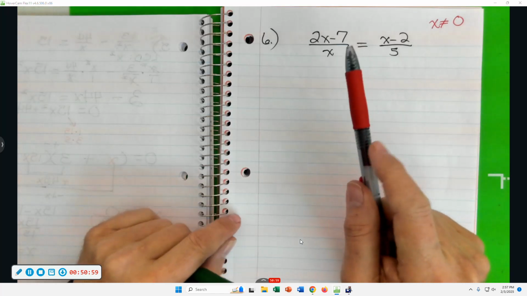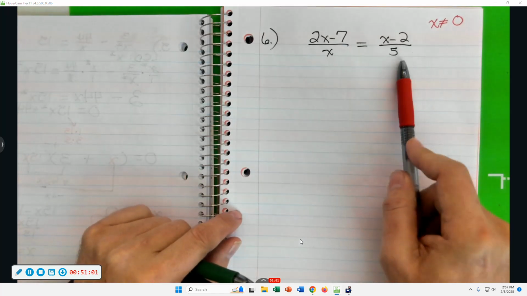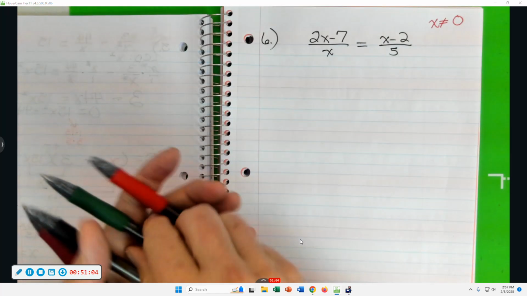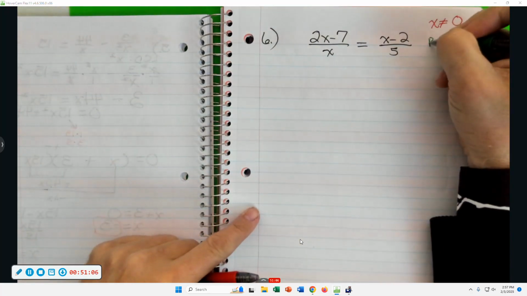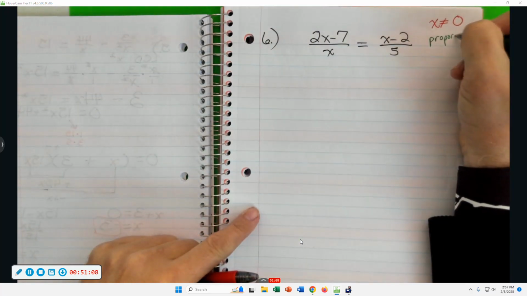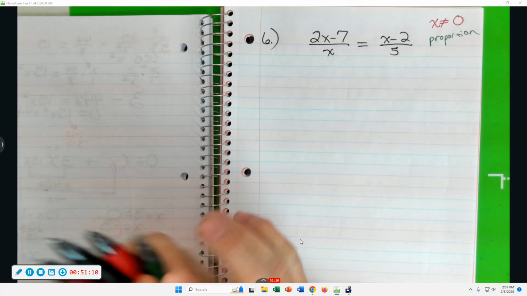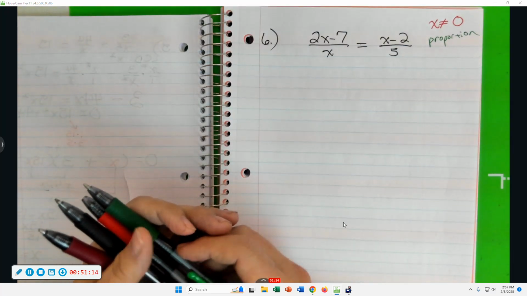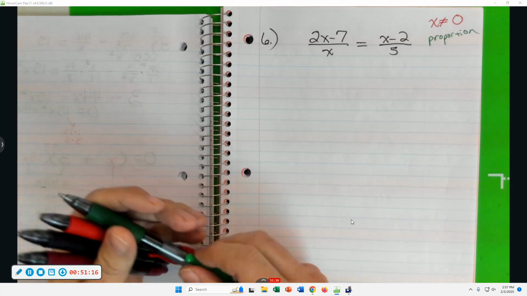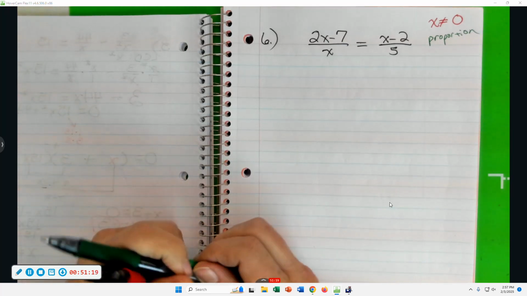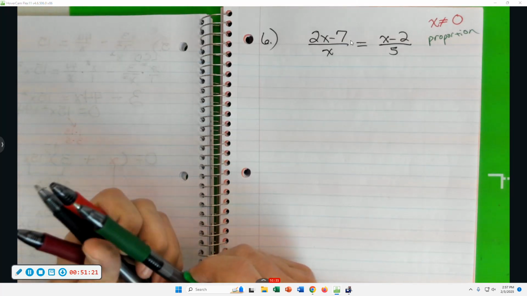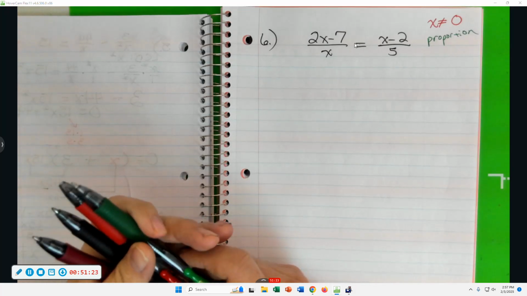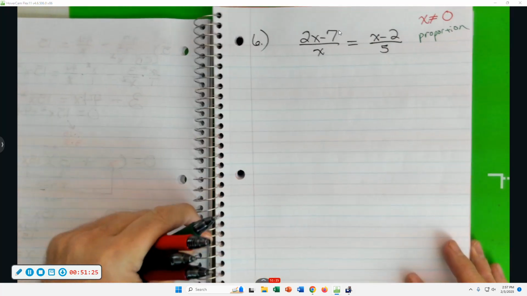When you have one fraction equals one fraction, that's called a proportion. The name doesn't matter. And there's a way of solving proportions that you may have seen. Who remembers how you solved proportions in previous math classes?